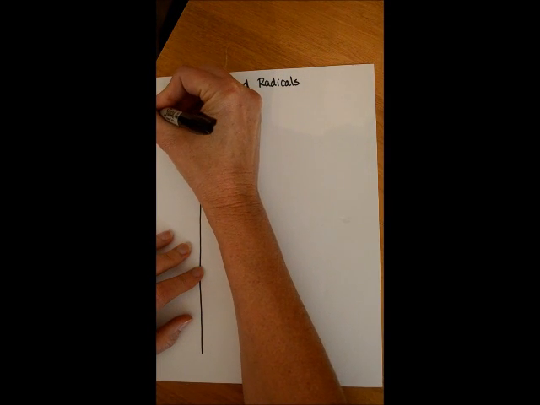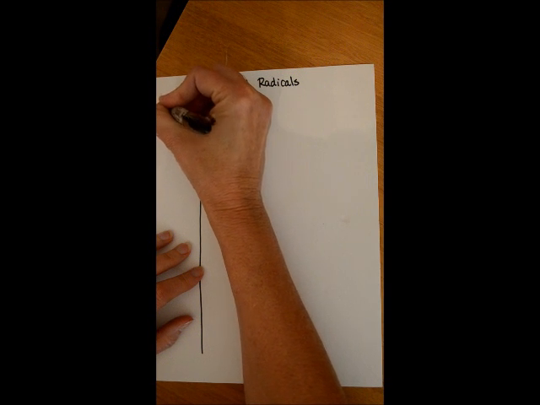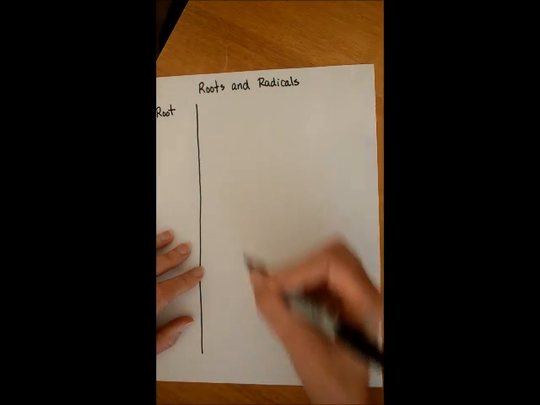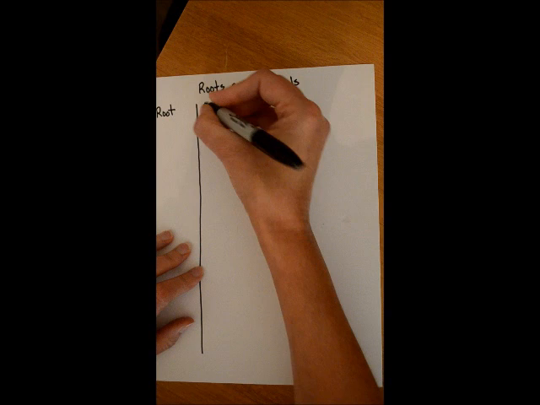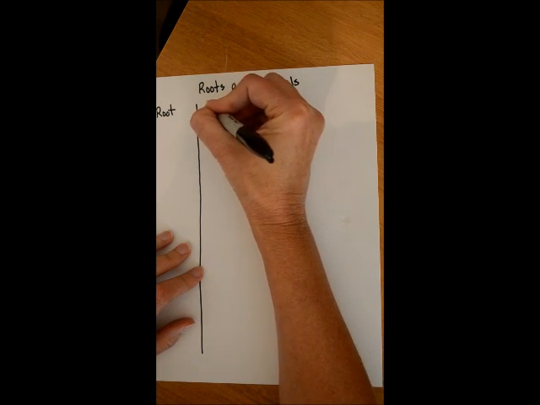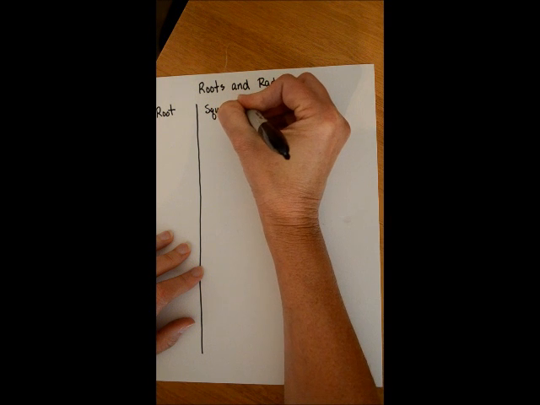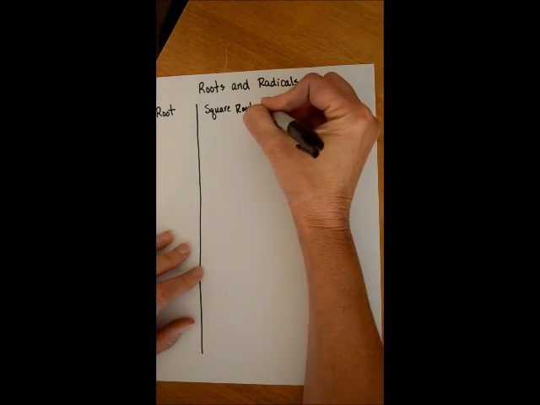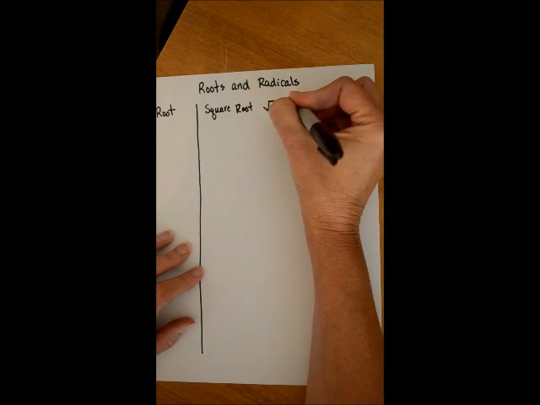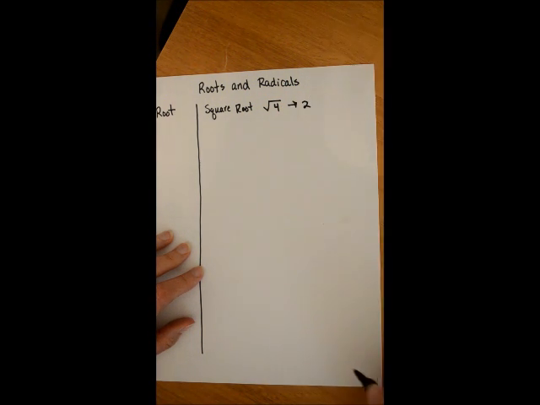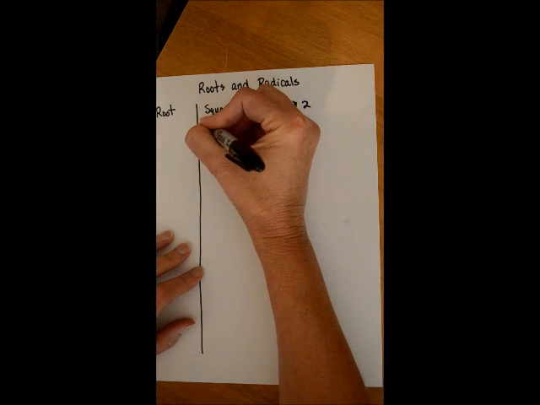A root, there's a few different ones that we're going to be looking at. We might look at, or we will look at the square root. Say the square root of 4, and you know that the square root of 4 is 2. We might be looking at a cubed root.